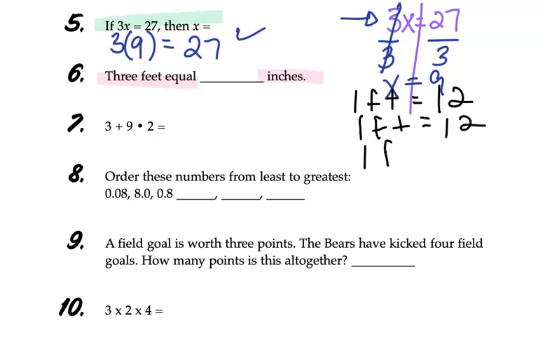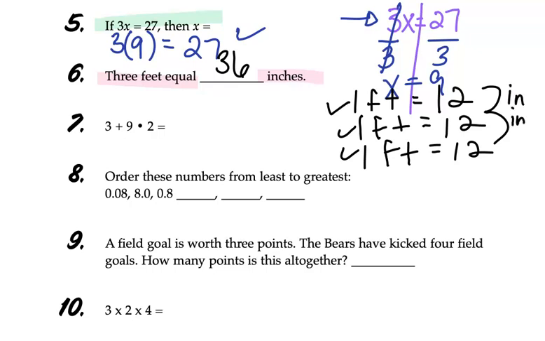And then another foot would be another 12 inches. So this is 3 feet: 1, 2, 3. So what's 12 plus 12 plus 12? Or what's 12 times 3? Which means this would be 36 inches. I should have put the inches here. There we go. Done. All right, let's look at number 7.